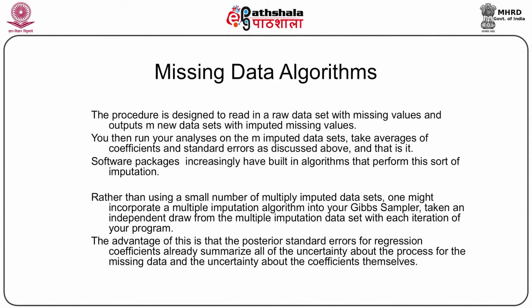Rather than using a small number of multiply imputed data sets, one might incorporate a multiple imputation algorithm into the Gibbs sampler, taking an independent draw from the multiple imputation data set with each iteration of your program. The advantage of this is that the posterior standard errors for regression coefficients already summarize all of the uncertainty about the process for the missing data and the uncertainty about the coefficients themselves.